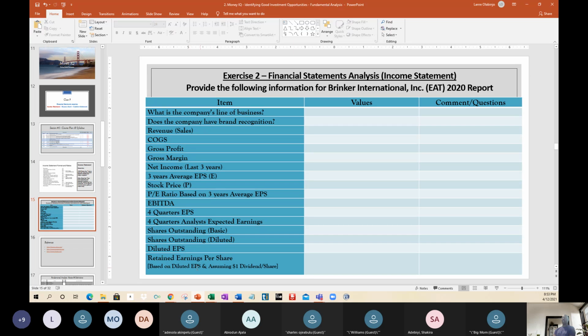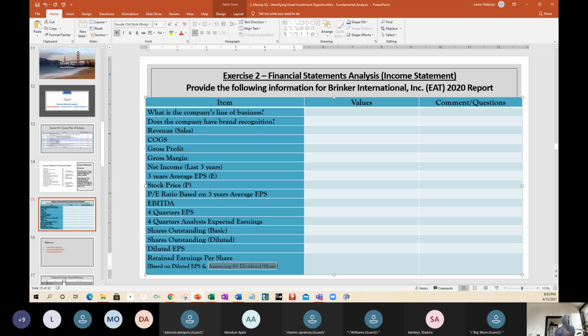Then the retained earnings per share, which you need to calculate based on the earnings per share and assuming that the dividend is $1 per share.